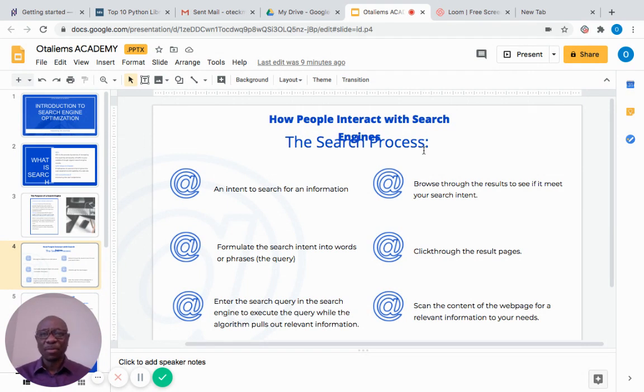That is why when you go on the internet, it pulls out different information, different URLs. So you browse through these results to see if they meet your intent, your search intent.